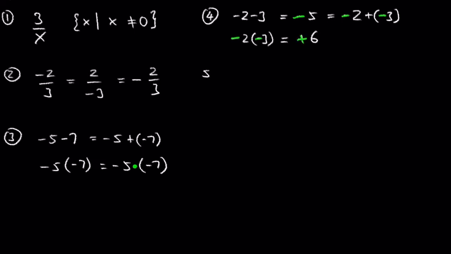Fifth, 0 over 5 is equal to 0. 0 divided by any number other than 0 is 0.